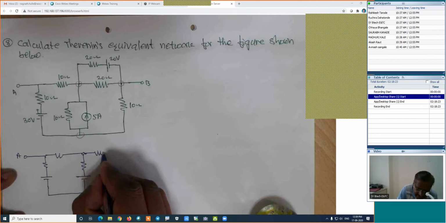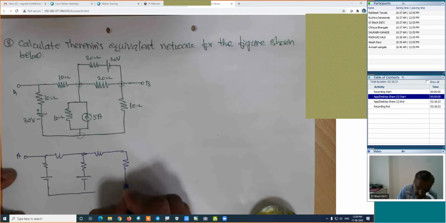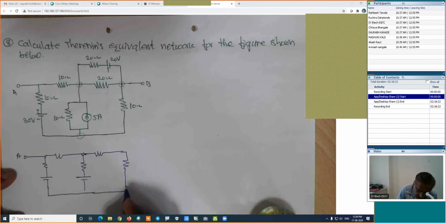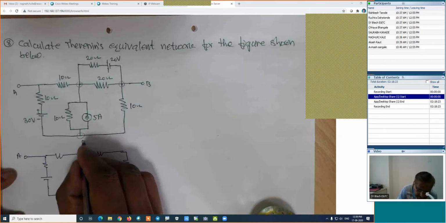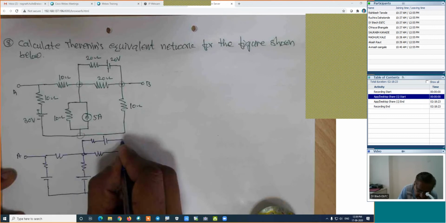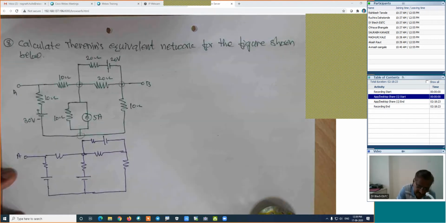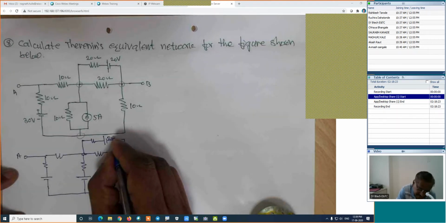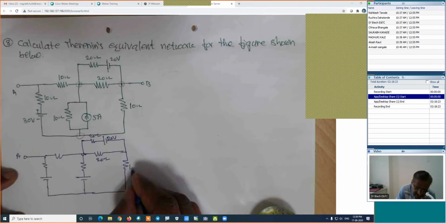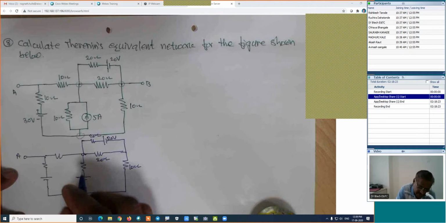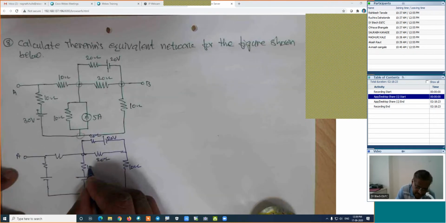This will be the same. It will be something like this. This is plus and minus. This is 20 volt. This is 20 ohm. This is 20 ohm. It is 10 ohm. If we are converting, then it will be 10 ohm. And how much is the voltage?